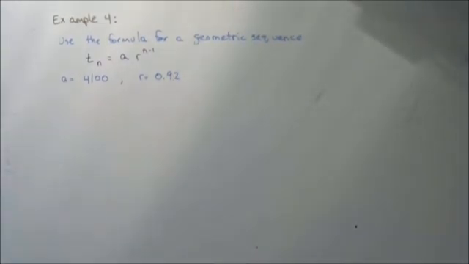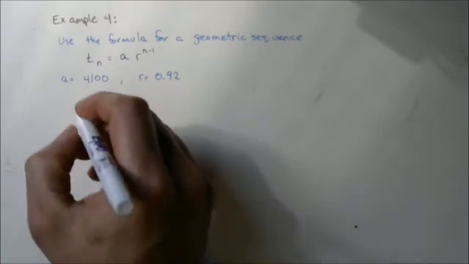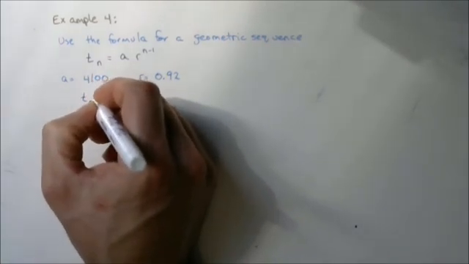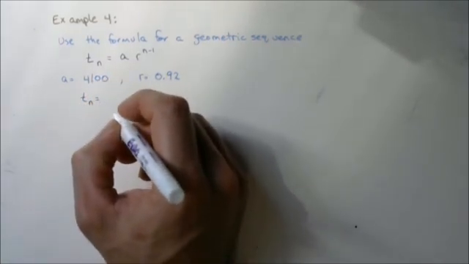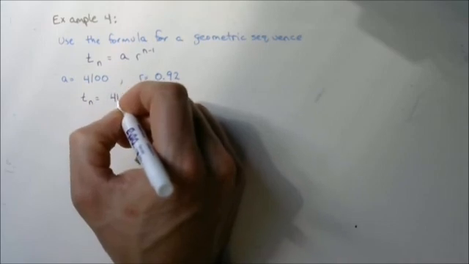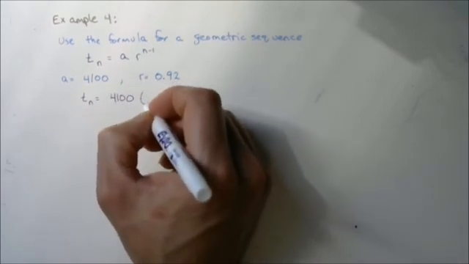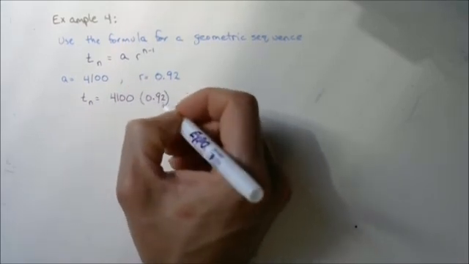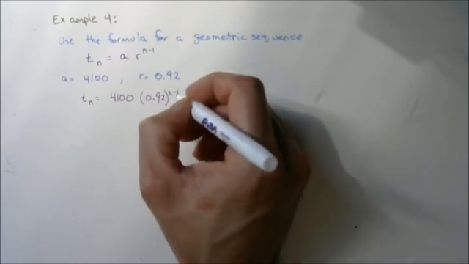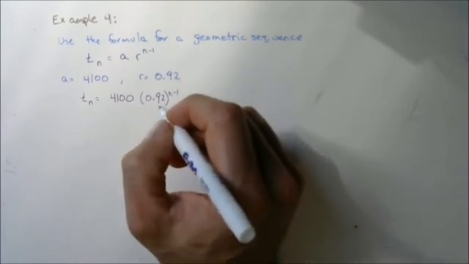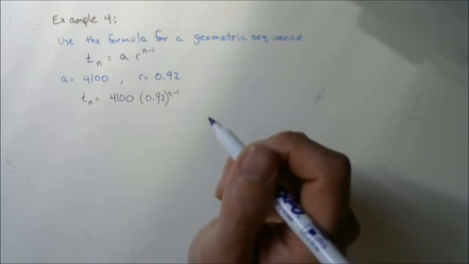So here we go. Our new formula is the term value, t sub n, is equal to 4,100 times 0.92 to the power of n minus 1. There we go, for every 5th year.